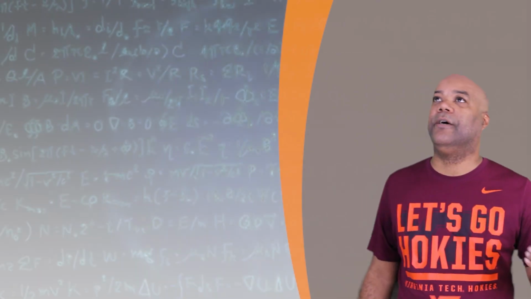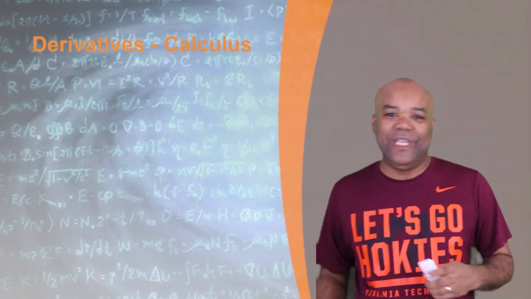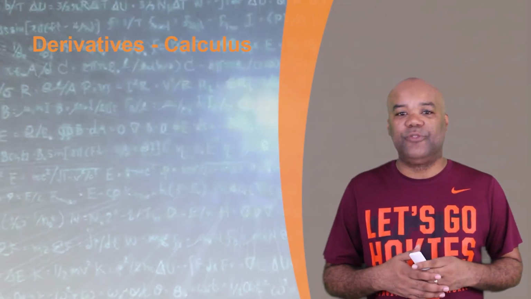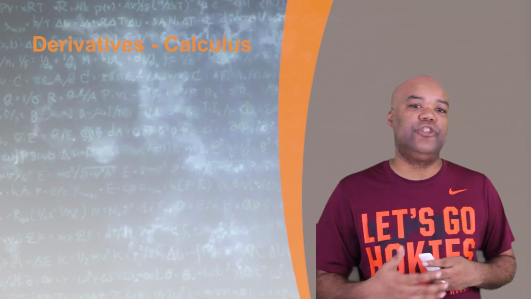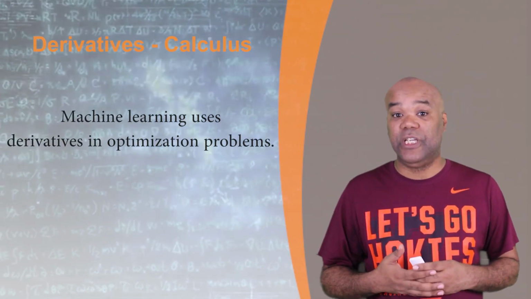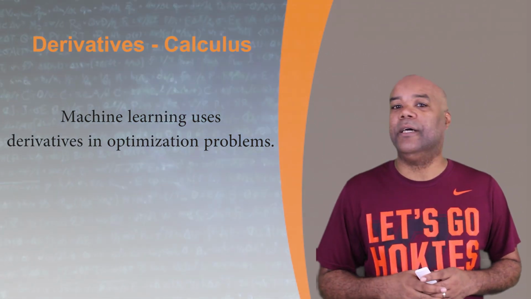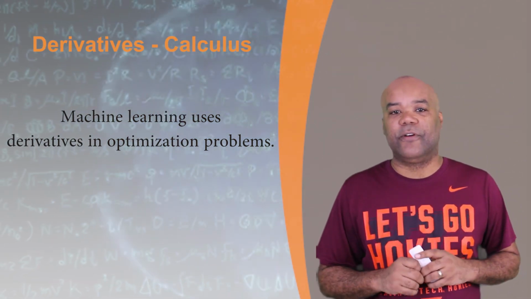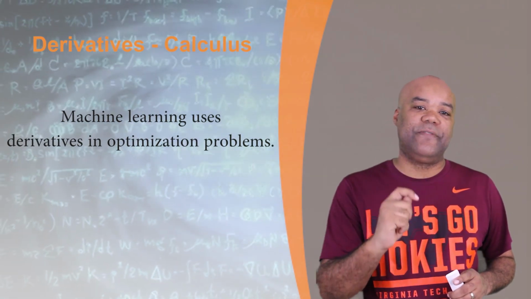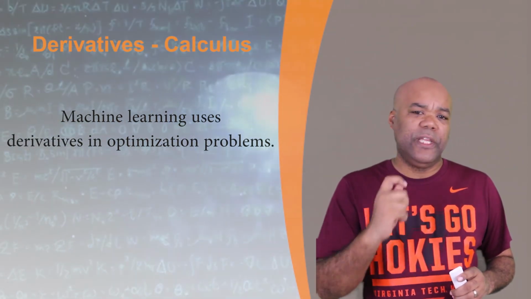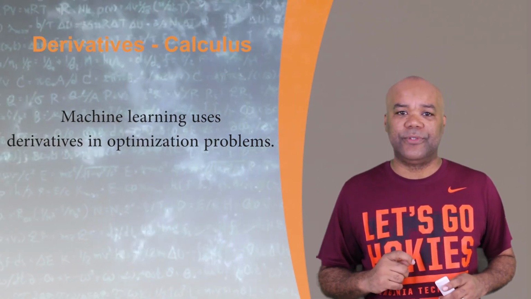Okay, derivatives. You don't need to crack out the old calculus book and learn derivatives. Everything that I'm covering here is to give you an intuition behind machine learning and deep learning. But derivatives are germane to everything that we cover in machine learning and deep learning, because it is the derivatives that give us really what we're looking for in optimization problems.